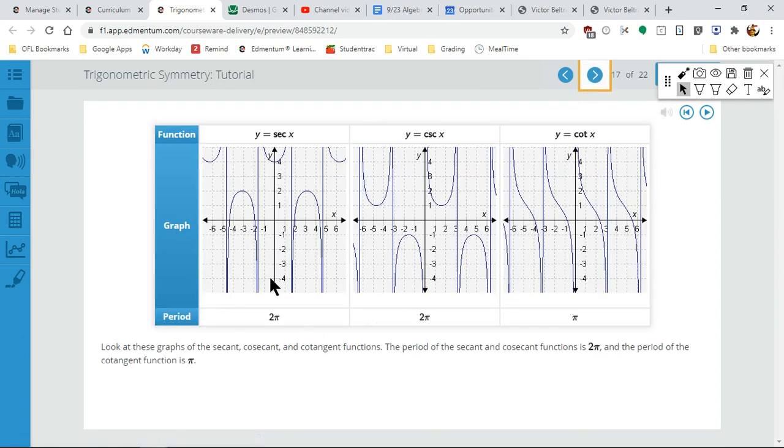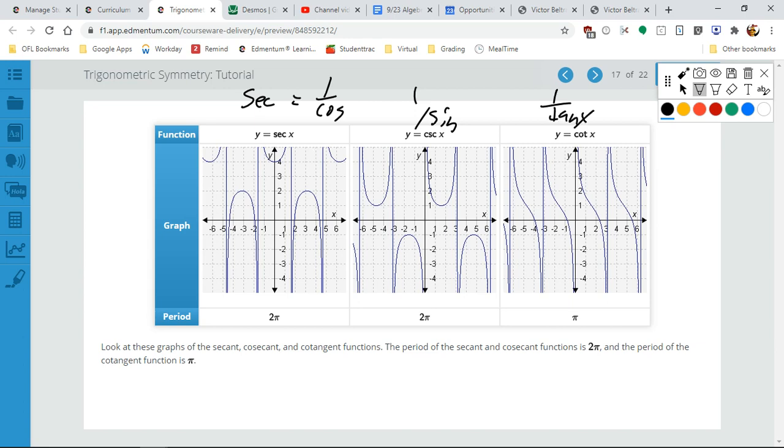So here, again, this is also 2 pi because it's sine, the reciprocal of sine. So remember, secant is always 1 over cosine, sorry. And then cosecant is 1 over sine. So they do have the same period. And then cotangent, that's just 1 over tangent.